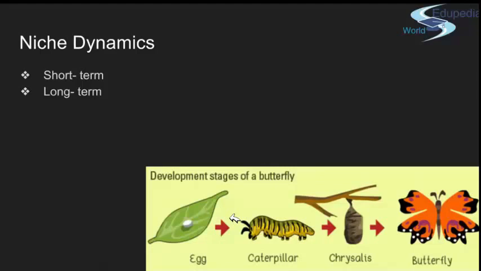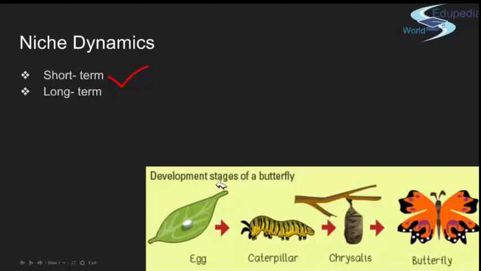On one hand we have short-term dynamics, and this is shown in the butterfly, and it's particularly visible in insects because they have entirely disjunct, non-overlapping niches at different times of their life history.